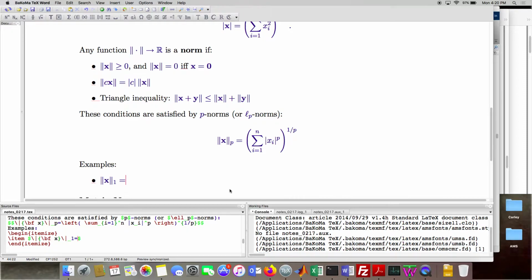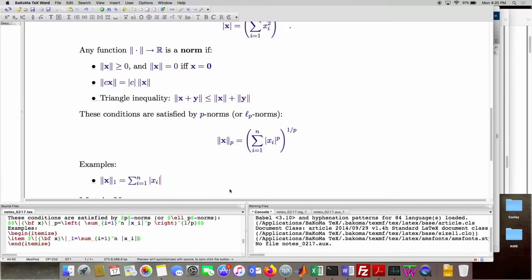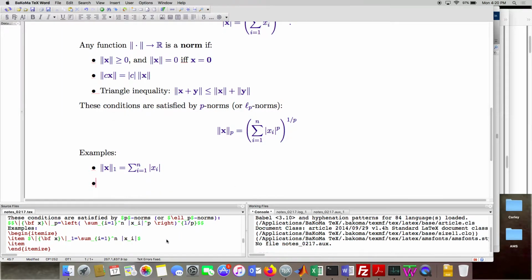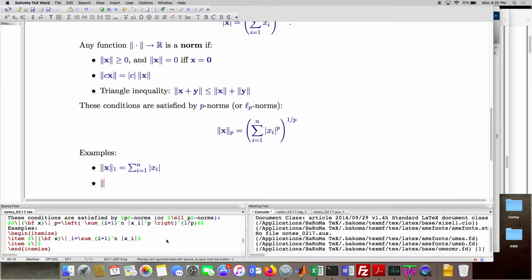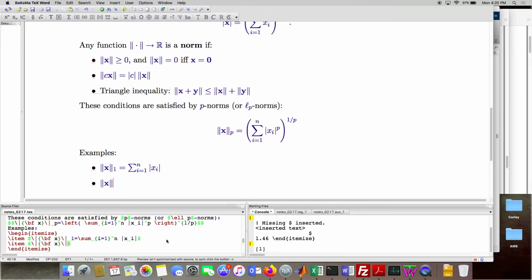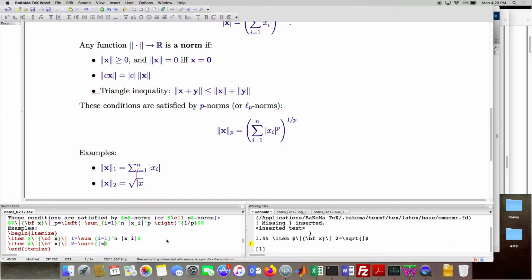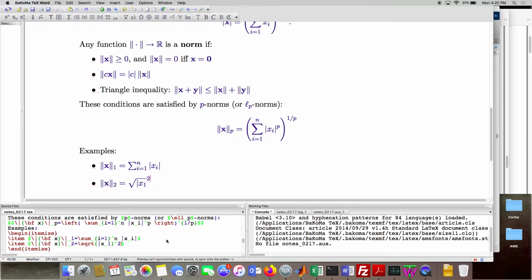So that is just the sum of the absolute values. All right, so very straightforward. And then we have the 2 norm. So I'll square the sum of squares.